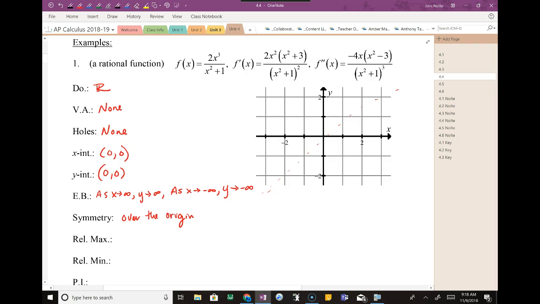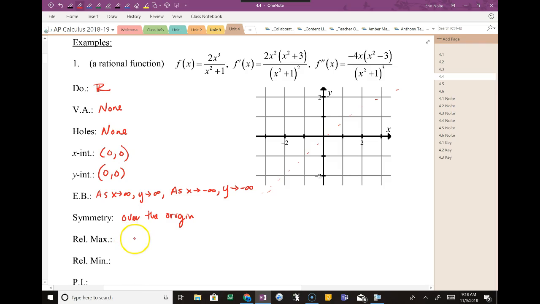At 0, and the x squared plus 3 gives the square root of -3, so therefore it is an imaginary value. So the only value we get is 0.